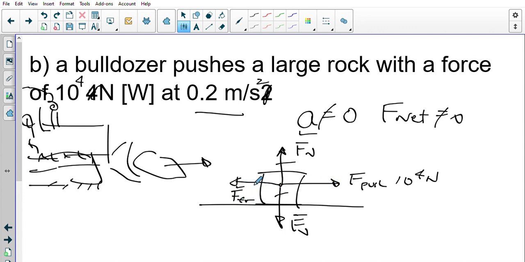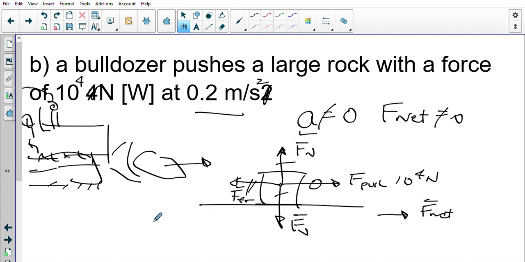This will not be equal to the push. The force that pushes is greater. How do we know? Because there's an acceleration. There has to be a net force in this direction, which gives a non-zero acceleration, and we're all good.